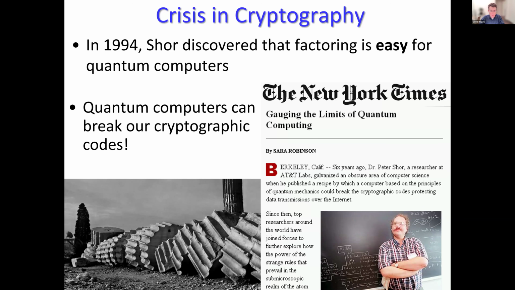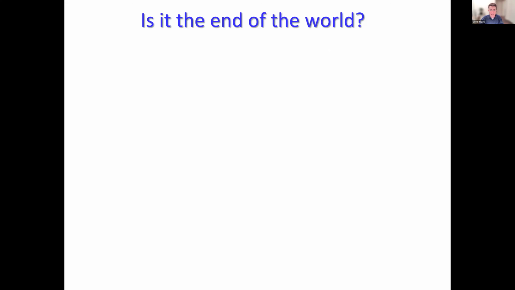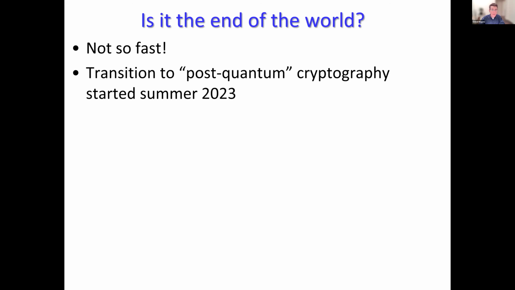This is a huge breakthrough and really worrisome, because it's saying basically we cannot use cryptography anymore. We cannot encrypt our email and bank and so on. But it's not really the end of the world. So don't panic yet. Partly because of this transition that started recently, and some people here have been very involved in it. This transition to post-quantum cryptography started, I would say, in earnest last summer.